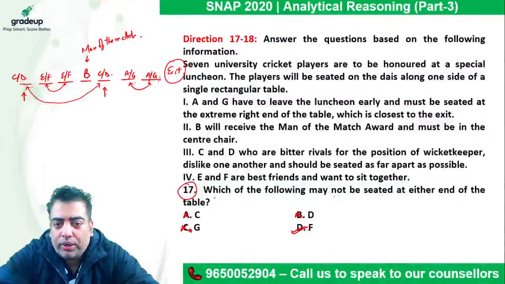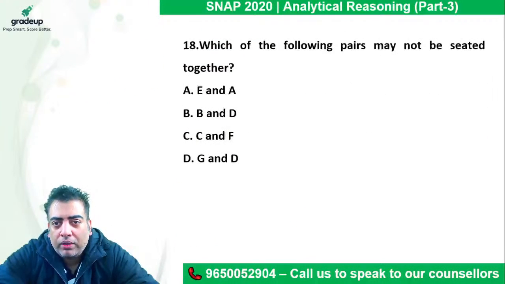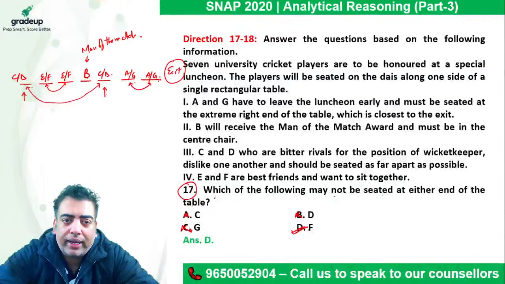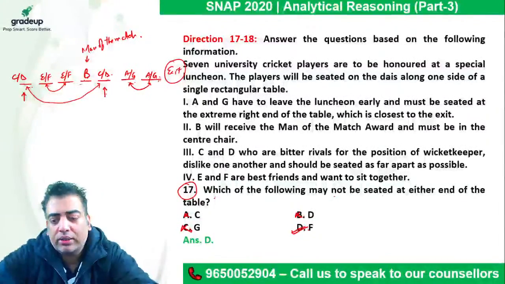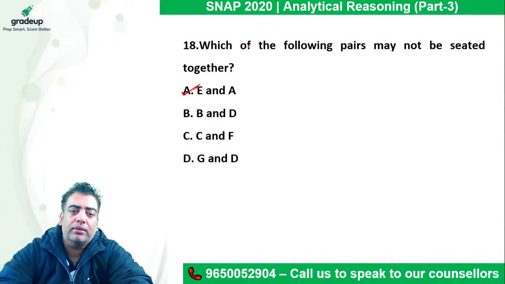Okay, so let's move on. Which of the following pairs may not be seated together? First option is A and E. So A and E can never be seated together, right? So the first option itself worked. A and E may not be seated together.